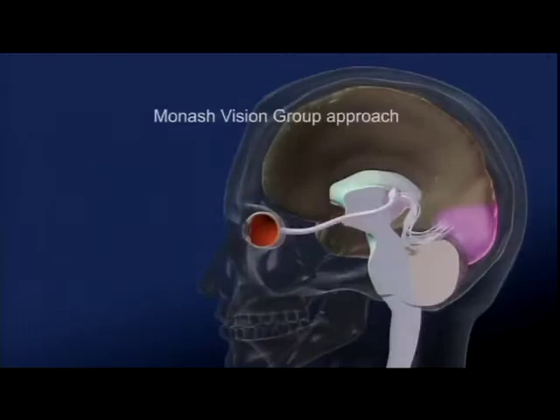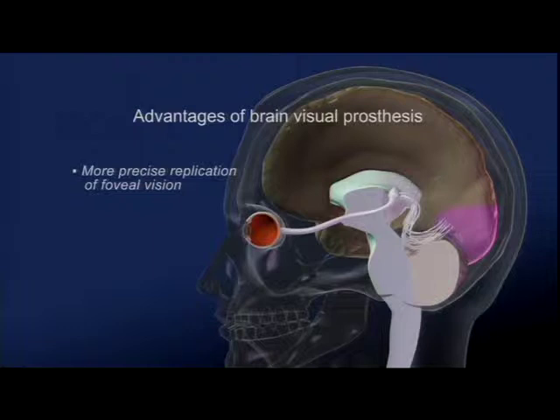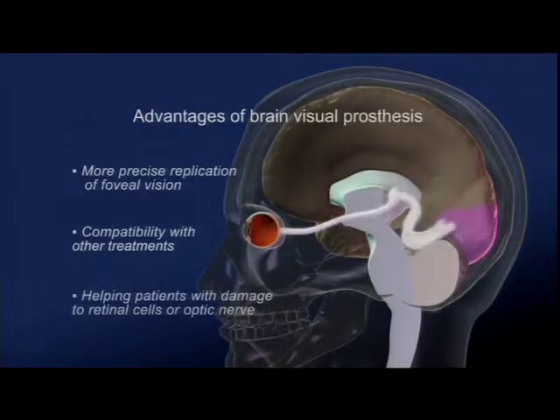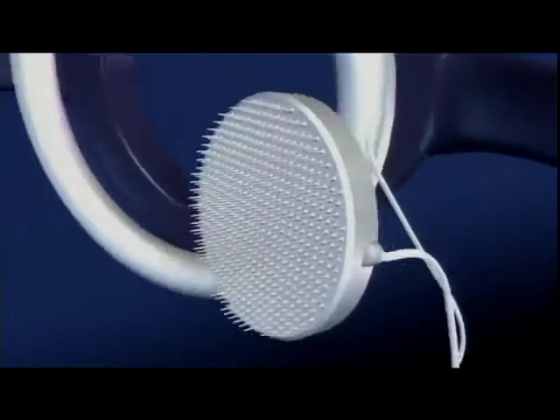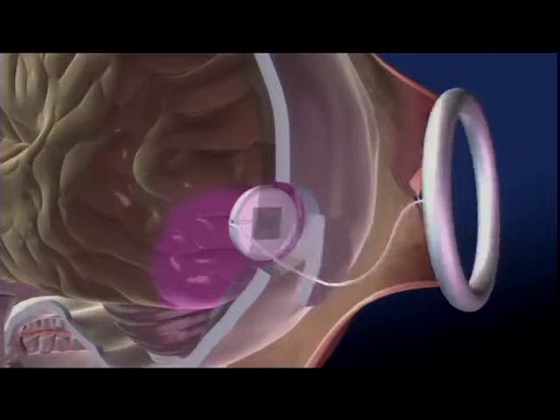Monash Vision Group aims to develop a brain visual prosthesis to help people affected by these conditions. Direct stimulation of the primary visual cortex may offer advantages over other approaches, including more precise replication of foveal vision, which allows us to see fine detail, compatibility with other treatments directed within the eye itself. It may even help patients with damage to the retinal cells or optic nerve. The implant will comprise materials that are biocompatible and safe for use in the human body over extended periods of time. This reduces the risk of the body's immune system rejecting the implant.